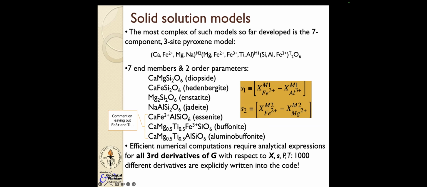And then, in order to implement the model and calculate the entropy, you have to take the log of that number. Taking the log of a negative number causes the model to crash. So, in general, whenever you're using MELTS, which is intended for natural systems, you want to have a non-zero amount of aluminum, ferric iron, and titanium. It can be very small. It can be 0.00001 grams, but you shouldn't try it with zero.